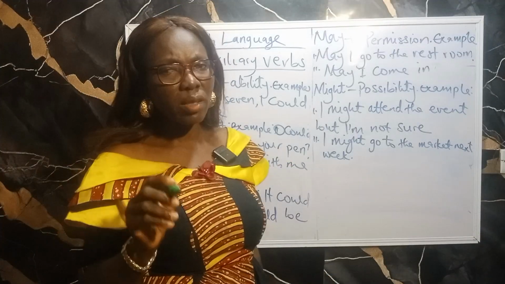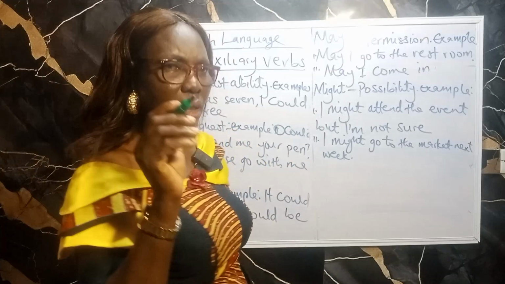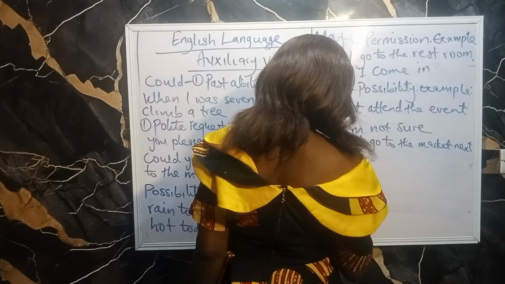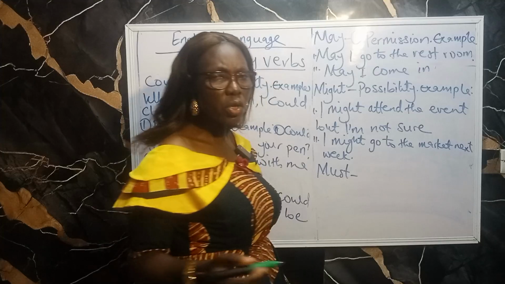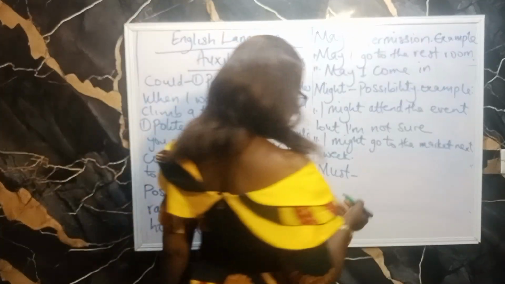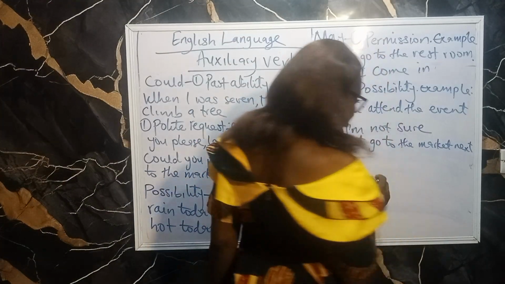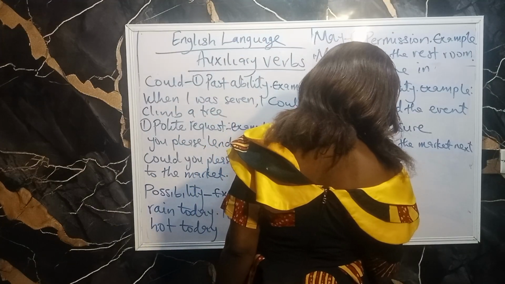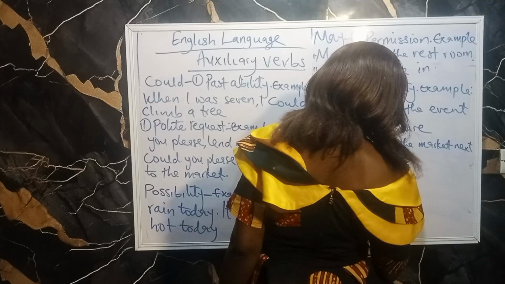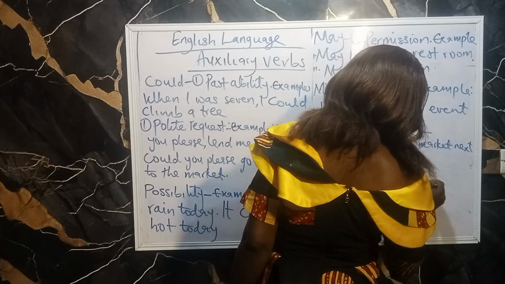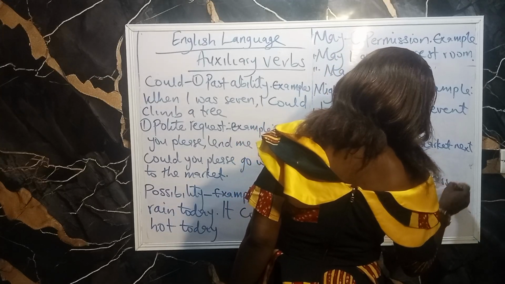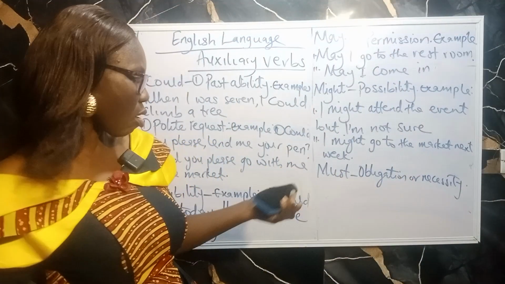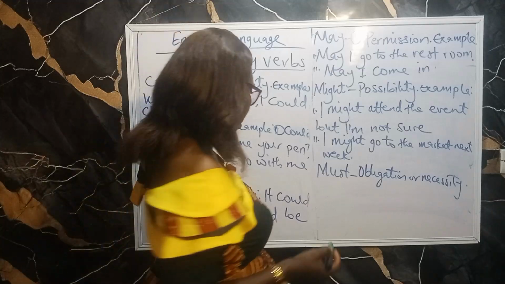The last but not the least for today is must. Must. What do we use must for? We use it for obligation or necessity. We use must for obligation or necessity.